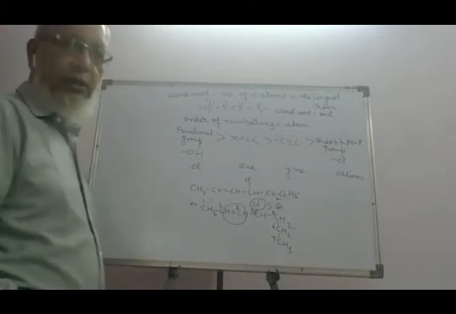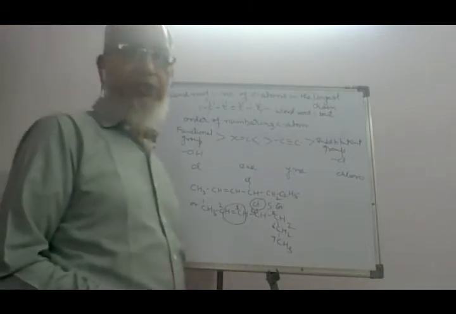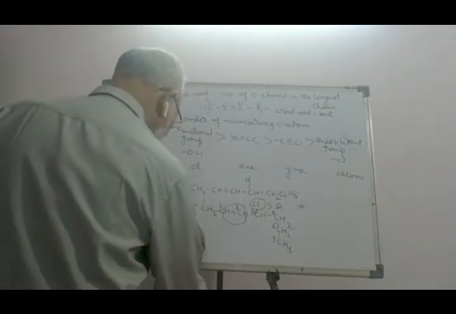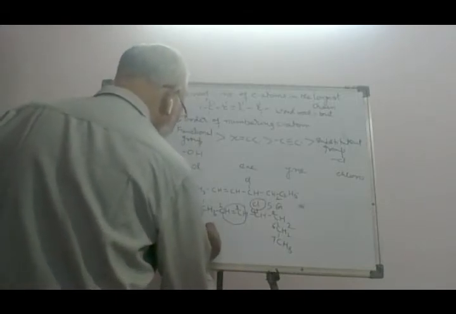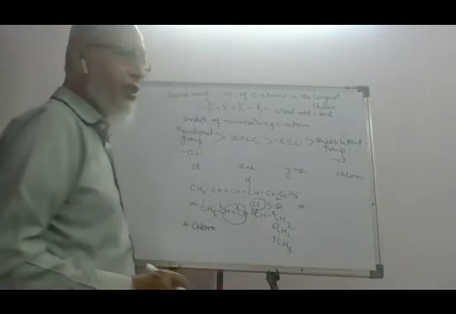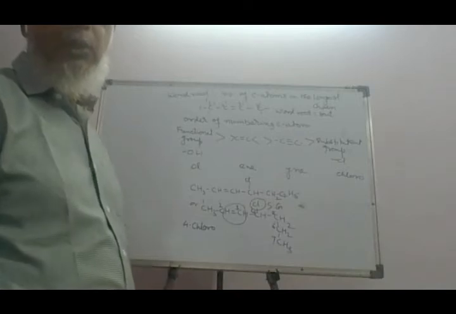So first we write the name of the secondary prefix, that is the substituent group with its position. The substituent group is at the 4th position, so it will be named 4-chloro. Then it is non-cyclic, so the cyclo term will not be used.